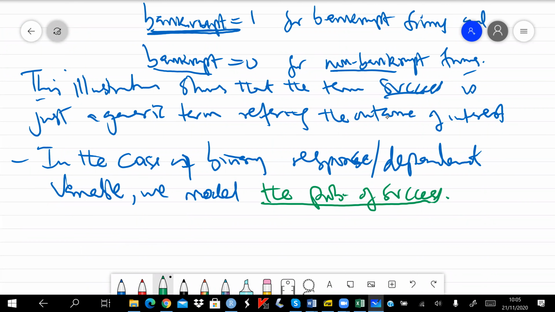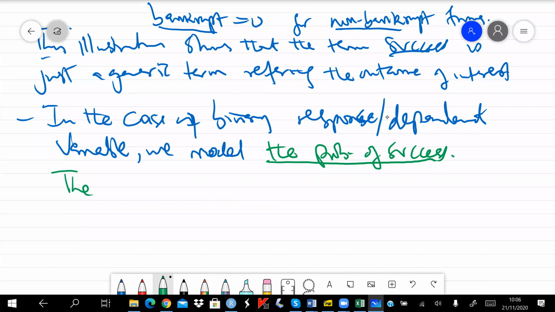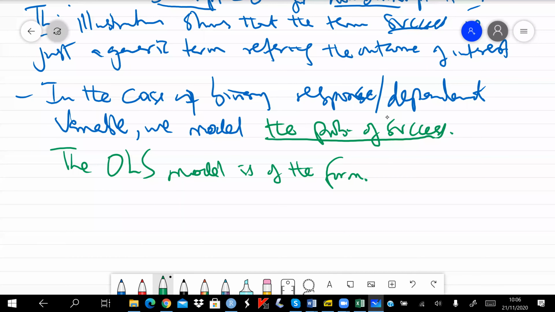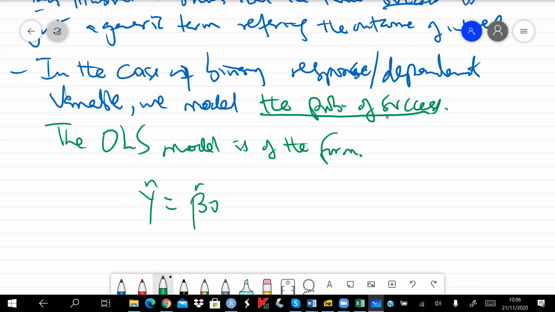And you say that the OLS model is of the form: the estimate of Y is equal to the estimate of beta naught plus beta 1 estimate x1, the first independent variable, plus all the way to plus beta k estimate xk.